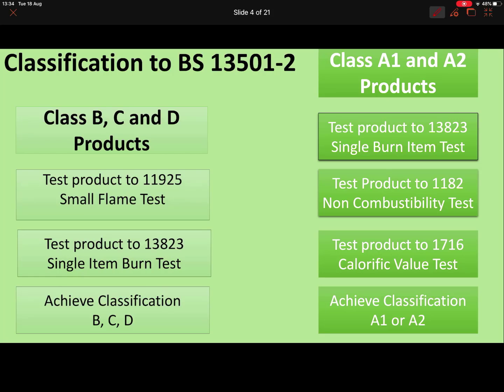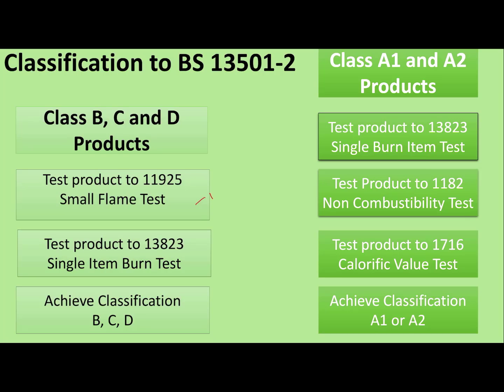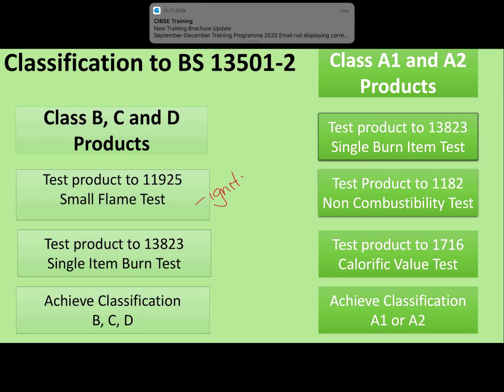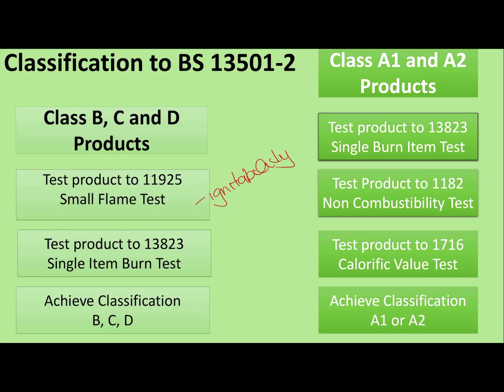This is what I was referring to in relation to being hierarchical. We'll do B, C, and D first, and the start point on B, C, and D is the small flame test, and that checks the ignitability of the product. And that's not a bad place to start.